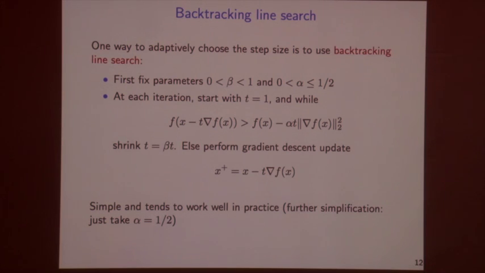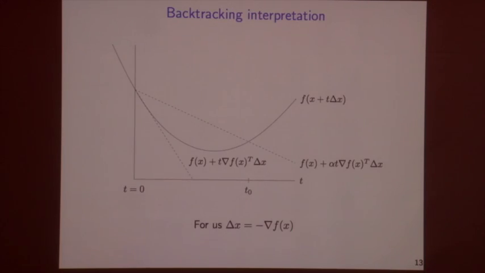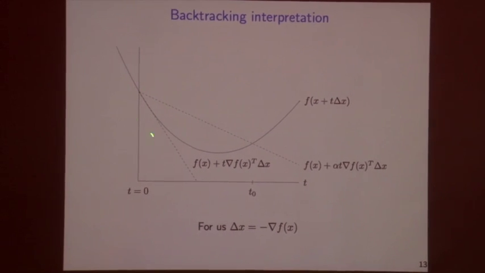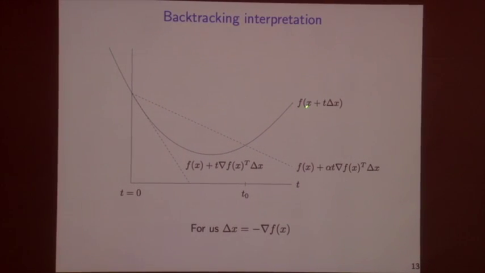But let me give you a sort of visual interpretation of backtracking. This curve is the value of the objective at your new location x plus. Oh, sorry, guys, I should point out the following. This is taken from Boyd and Vandenberghe.